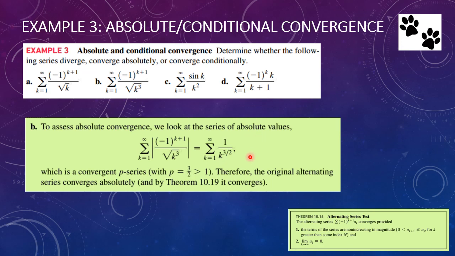This is a convergent p-series with p equals 3/2, which is greater than 1. Therefore, the original alternating series converges absolutely. So both series converge, and it converges absolutely because the absolute value series converges.